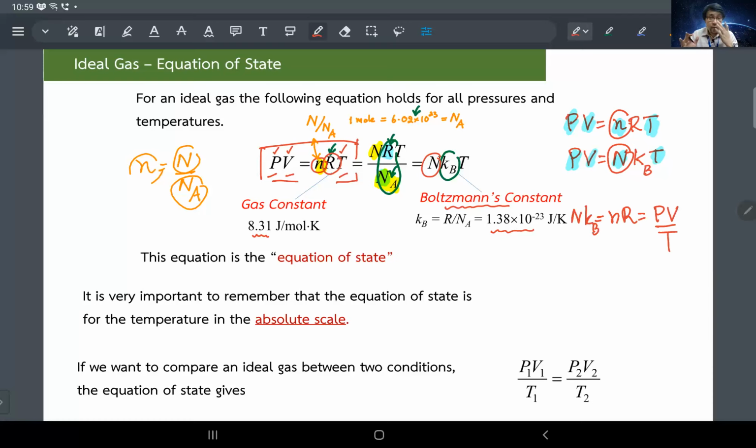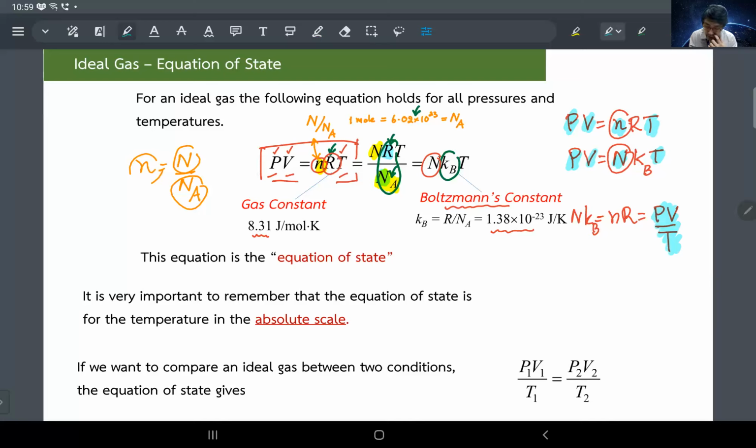So when you're looking at a gas in a container that has no leaks, the amount of gas in the system is fixed. Believe it or not, the ratio PV over T is always fixed.